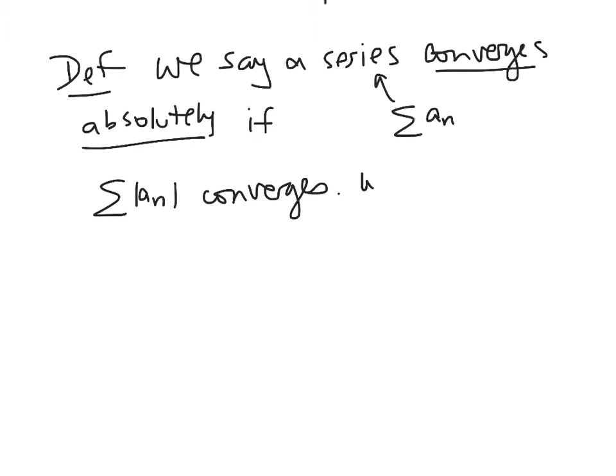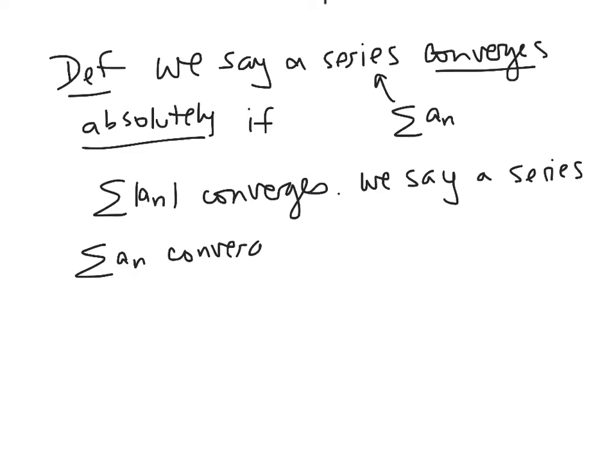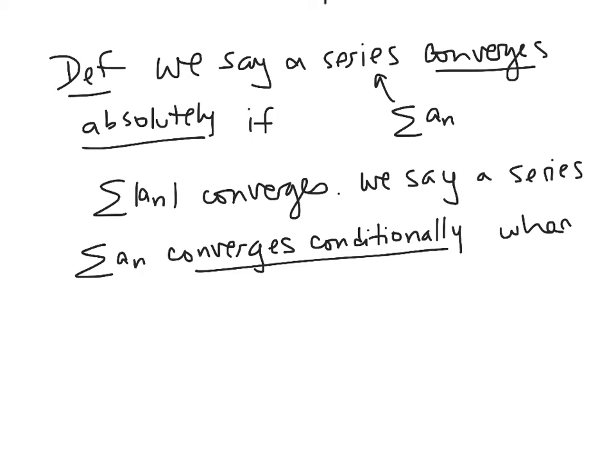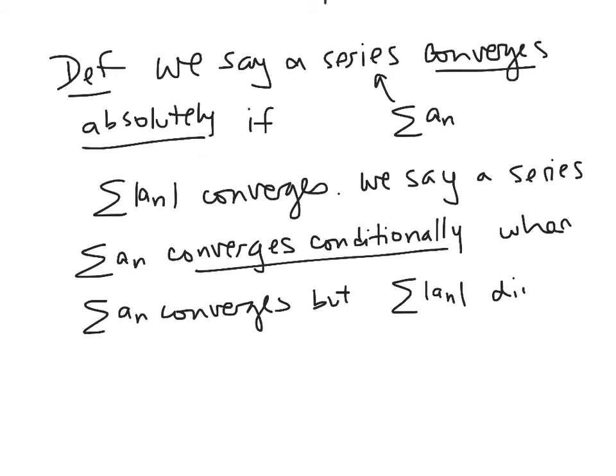We say a series converges conditionally when the series converges, but the series where you add up their absolute values diverges.